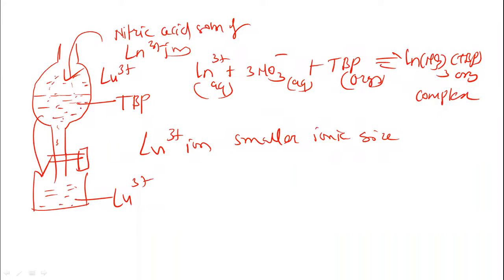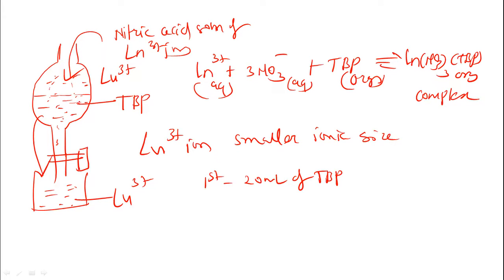Again, we have to add a fresh volume of TBP in this separating funnel. Suppose in the first step we have taken, assume, 20 ml of TBP, and we collect that fraction after continuous shaking.